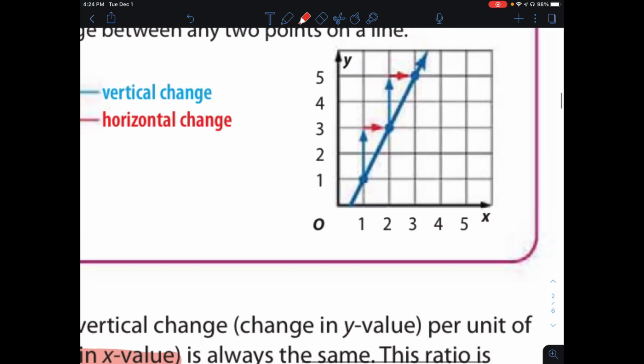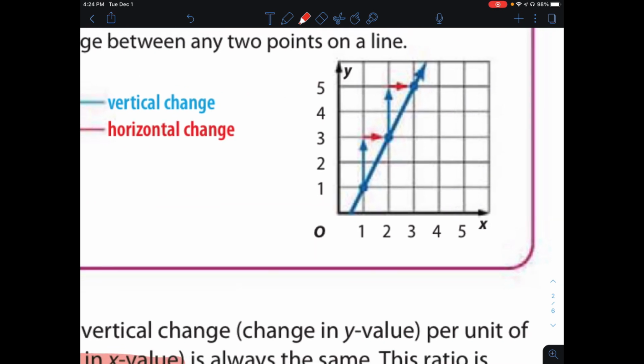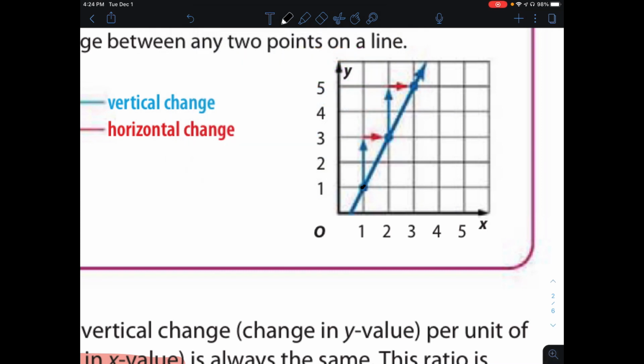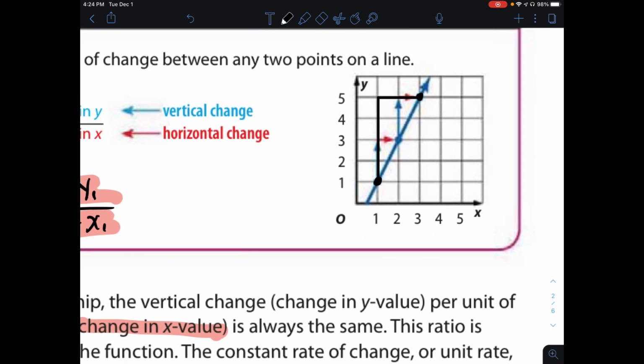Let's take a look at this example given in the definition of a slope. If, for example, we take this point right here, and we take this point, and we look at the vertical change over the horizontal change. Our vertical change would be 1, 2, 3, 4 units.